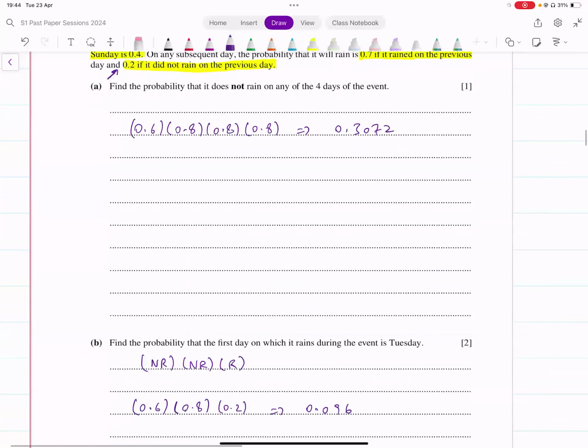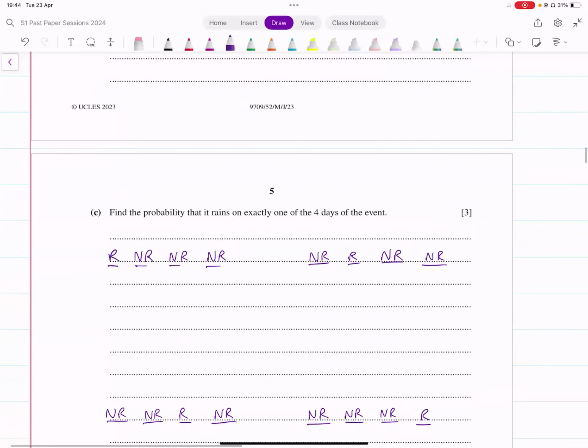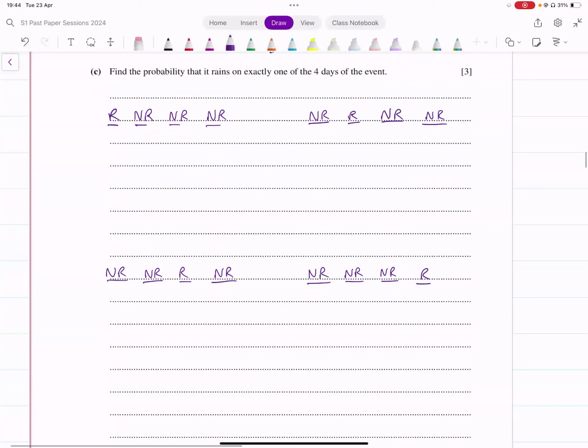Now, what are the conditions that we're given? The first time, probability of raining is 0.4. Probability of not raining the first time is 0.6. That is for just the first day, for Sunday. What happens after that?